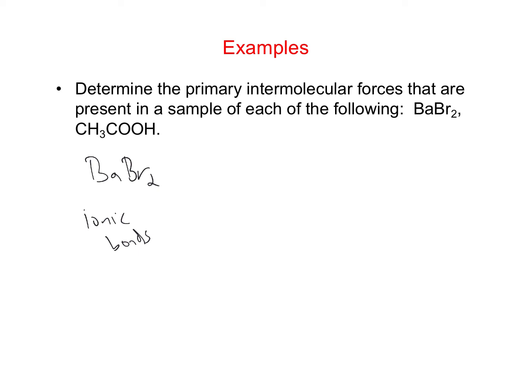All right, now let's consider CH3COOH. Anytime you see this COOH, this is what we call a carboxylic acid. It's something you'll see a lot if you go on to take organic chemistry. The Lewis structure of this molecule has the CH3, and then the COOH: a double bond from the carbon to the oxygen, and that same carbon is also connected to an OH.